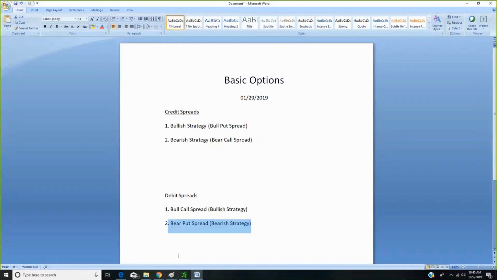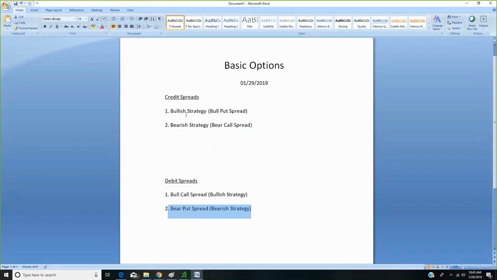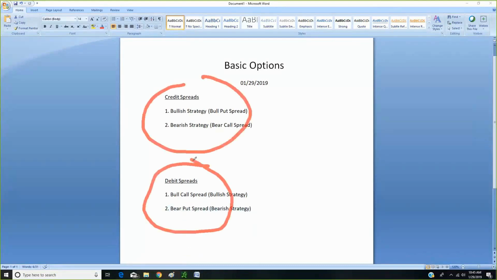And not only that, when we're in class, I'm going to be talking about this every single day. Every day. And if you guys come to me with stocks, then we can look at them together. Analyze them together. Okay? But the bottom line is, you have credit spreads and debit spreads.